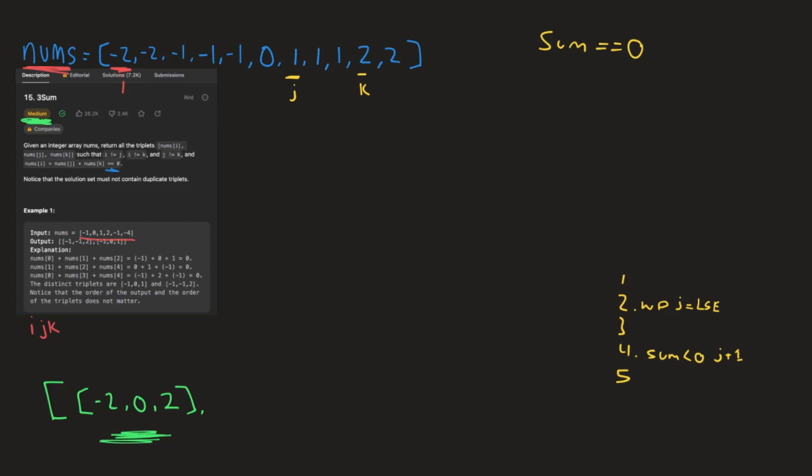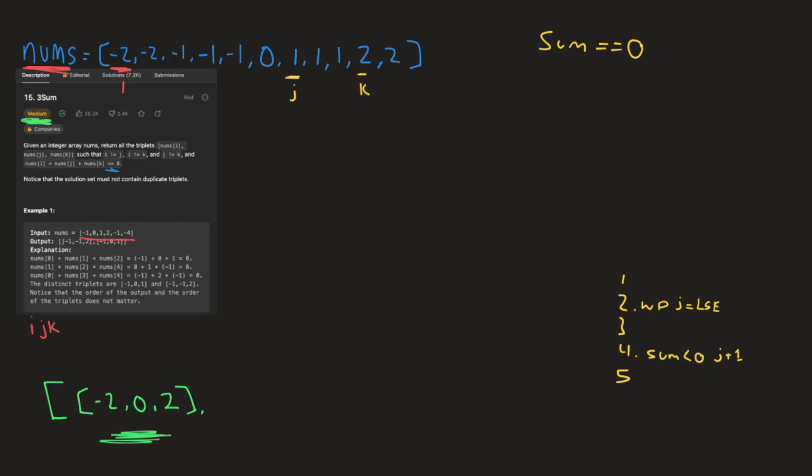That's why we have rule number 2. We can't have duplicates. We have to make sure that J is not the same element as it was in the previous triple that we pushed. Our third rule is that we'll increment J and decrement K after pushing a triple onto our array.